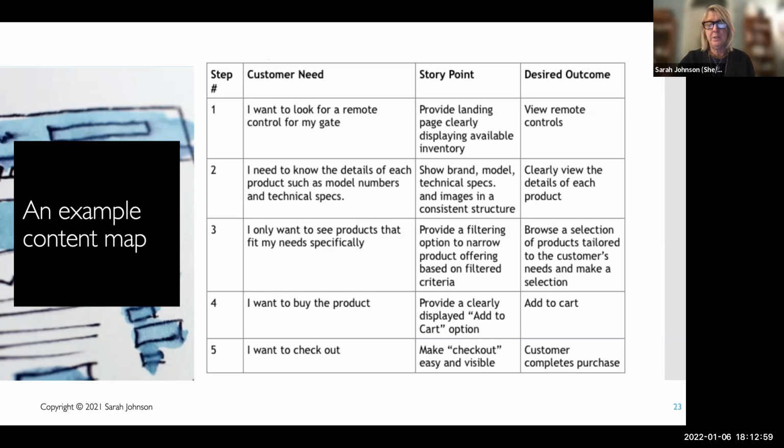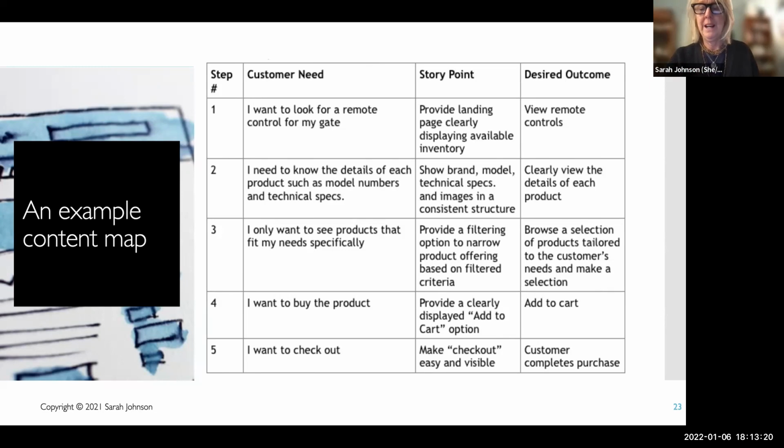Oh, the desired outcome is sort of how you can measure against that. So if your idea is like in row 4, you want people to add the object they're looking for to a cart. If they don't add it to a cart, you can go back and say, well, maybe number 3, where I provided this filter option, wasn't a good solve.